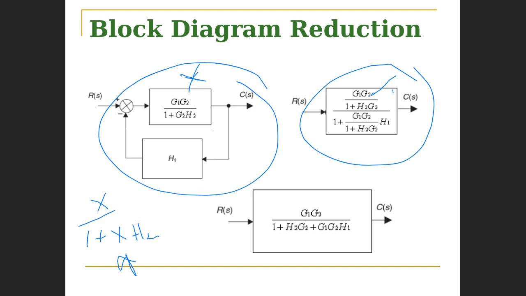I put H2 here by accident, I'm sorry. This is H1. This is the feedback transfer function. So I in error put H2 here in the first instance. The expression is worked out on this side in terms of substitution, okay?